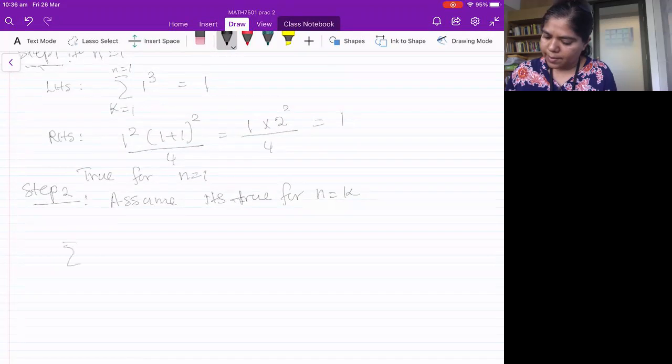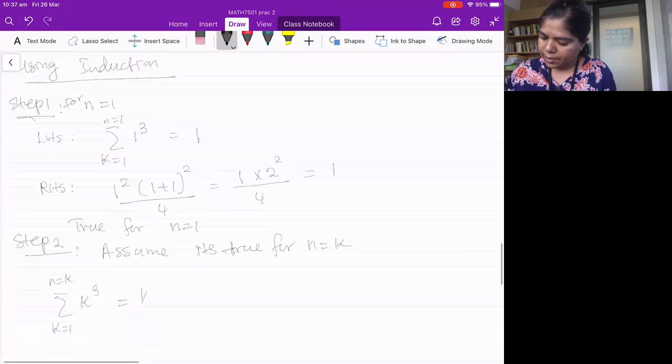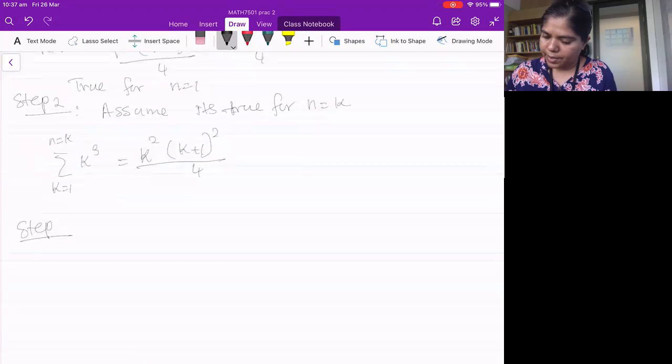So that means the sum is k squared, k plus 1 squared over 4. Then step 3 is the induction step. Check for n equals k plus 1, k plus 1.